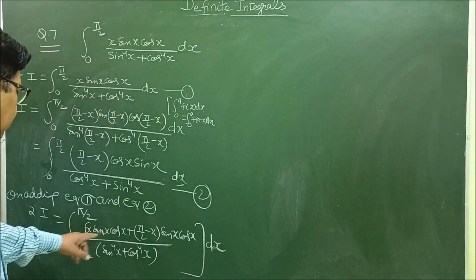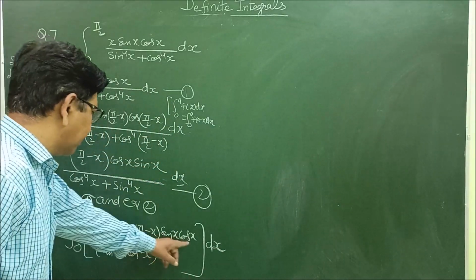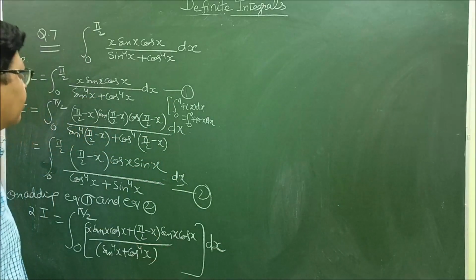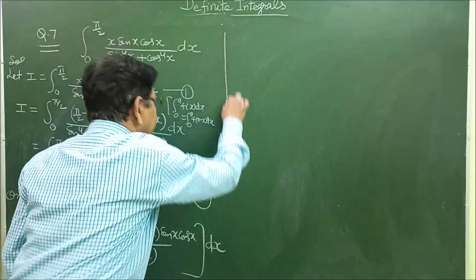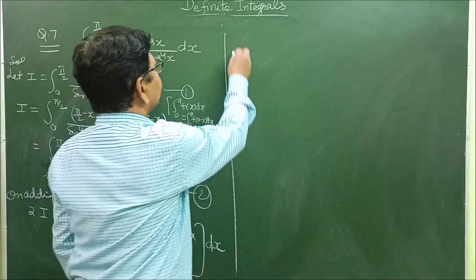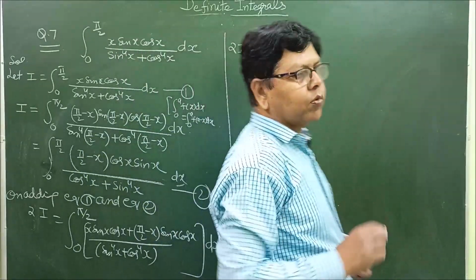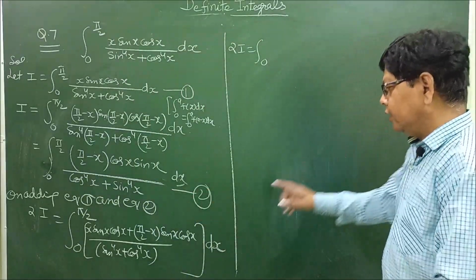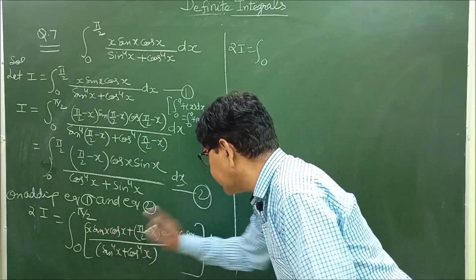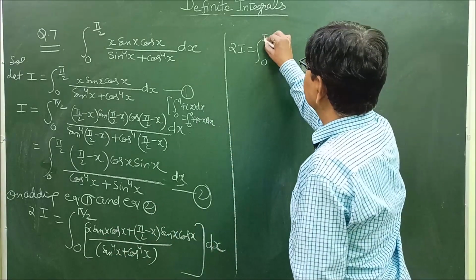If we add these, x sin x cos x and x sin x cos x get cancelled, so we get 2I is equal to 0 to pi by 2, and this x sin x cos x is cancelled here.